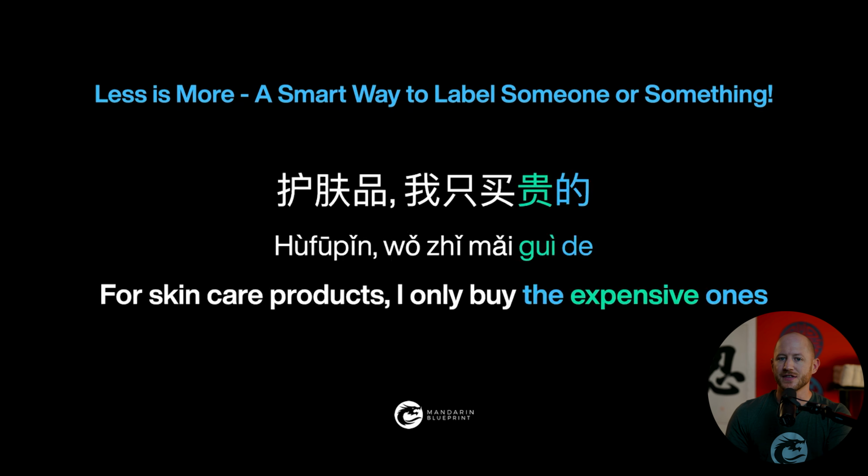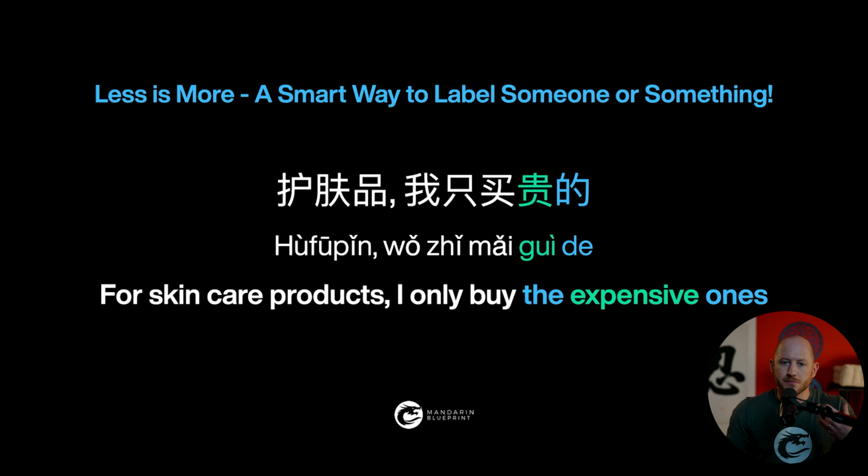So let's look at this. 护肤品我只买贵的. For skincare products, I only buy the expensive ones. 贵的. So what is left out there? Well, it's 护肤品, but you don't need to say it again because the subject has already been established.